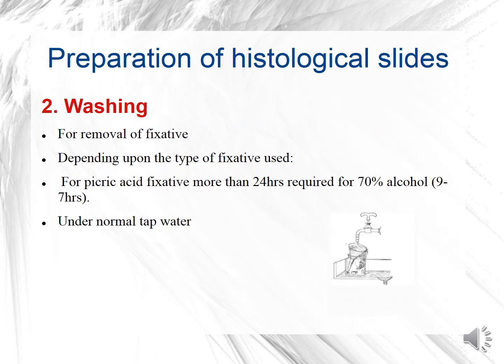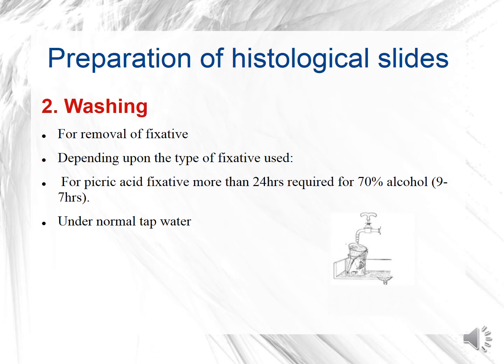Next step is washing. After fixing the tissue, we have to wash it properly so that the fixative is removed. Depending upon the type of fixative used, for picric acid fixative, we have to wash in tap water for more than 24 hours, continuous tap water.